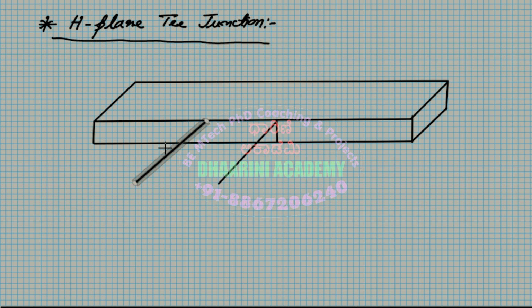It's hollow over here, so let me erase this part. This part is not there, and this is not there either. Let me erase them. We don't have them because we have actually drilled a hole there and then made a connection.